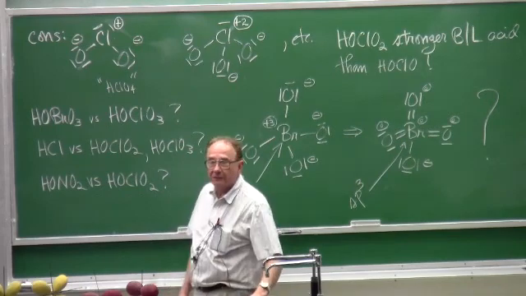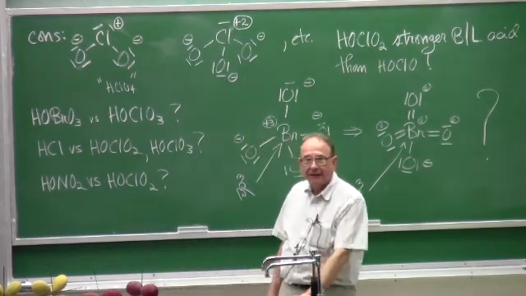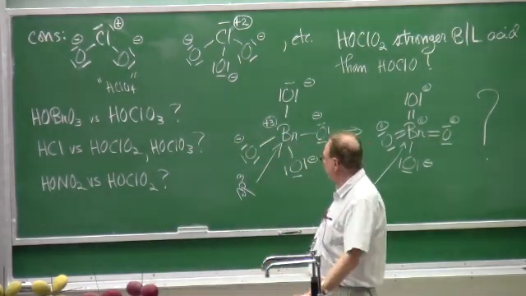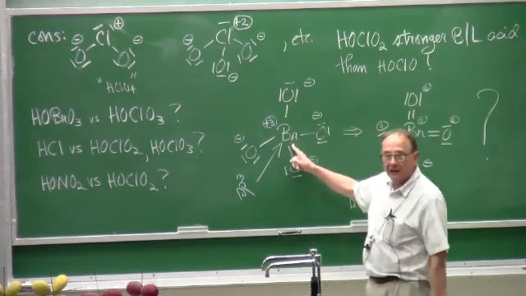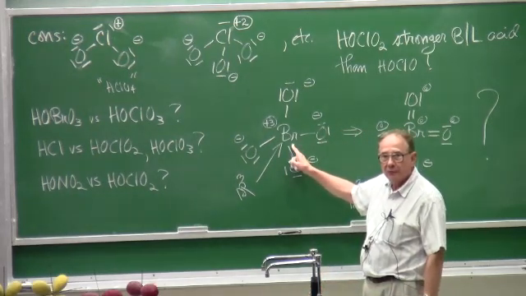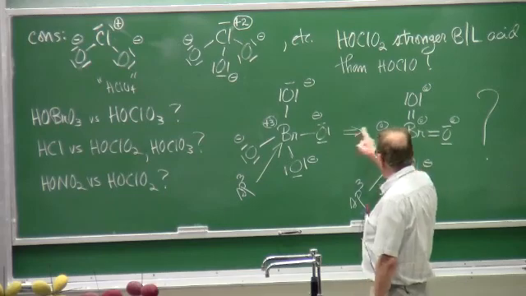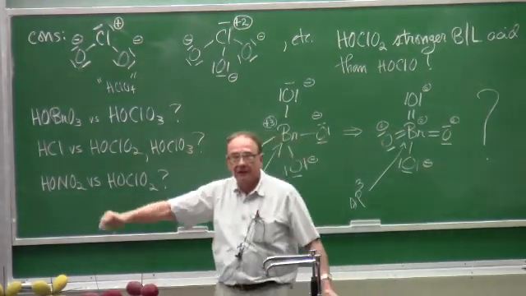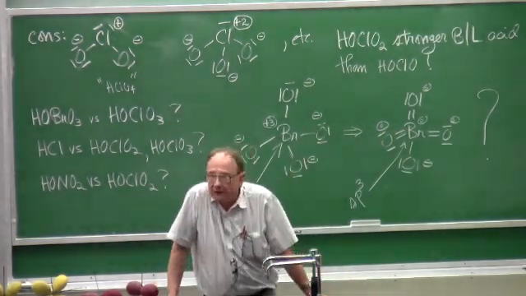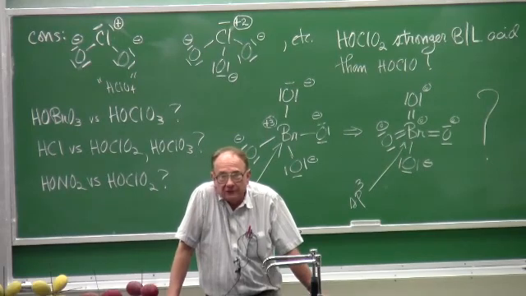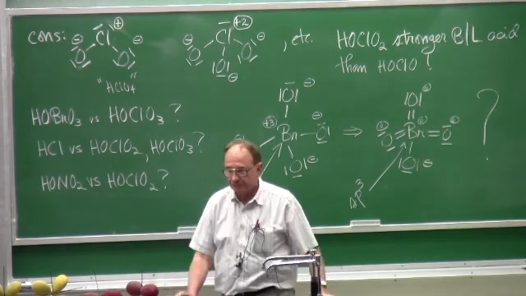Well, let's go and look in greater detail at the factors. Bromine electronegativity, 2.8. Chlorine electronegativity, 3.0 or 3.1 on some scales. Not much difference in their electronegativities.